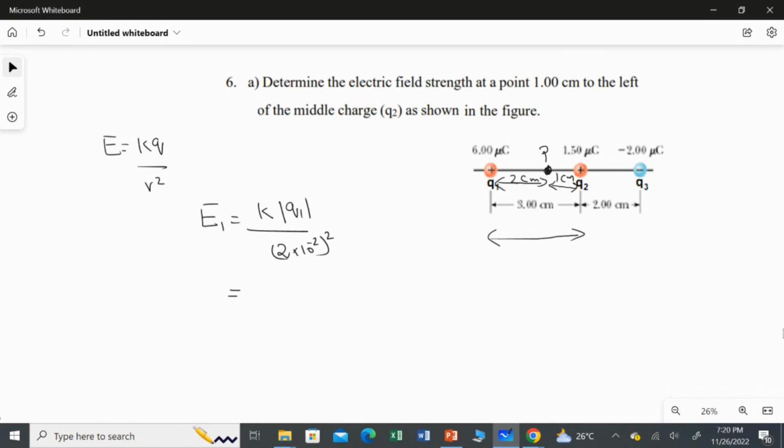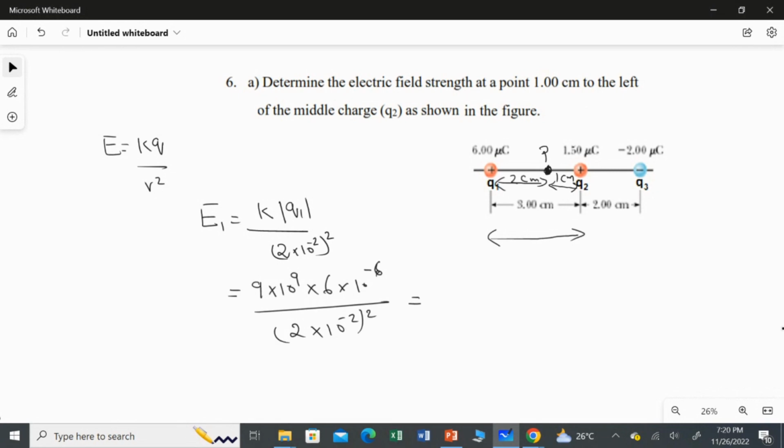So now I'm going to substitute the value. 9 multiplied by 10 power plus 9 multiplied by the magnitude of the first charge, 6 microcoulomb, so 6 multiplied by 10 power minus 6, over 2 multiplied by 10 power minus 2, the whole square. Clear?